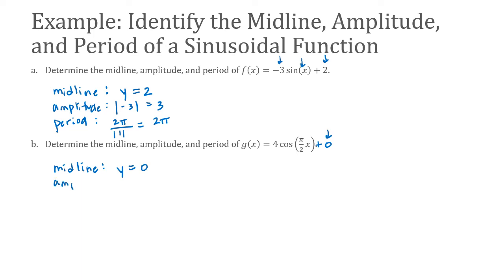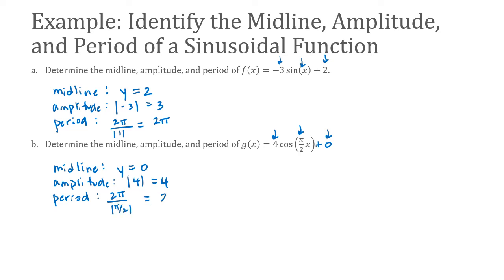The amplitude, what is the amplitude? The amplitude is the absolute value of the number on the outside, which is 4. And the period is going to be 2 pi divided by the absolute value of whatever is inside hooked onto that x, which in this case is pi over 2.